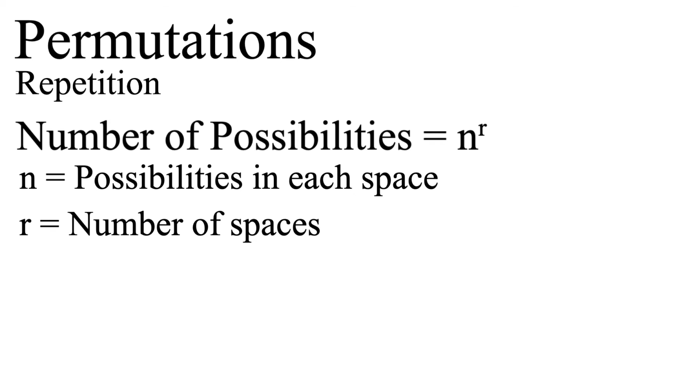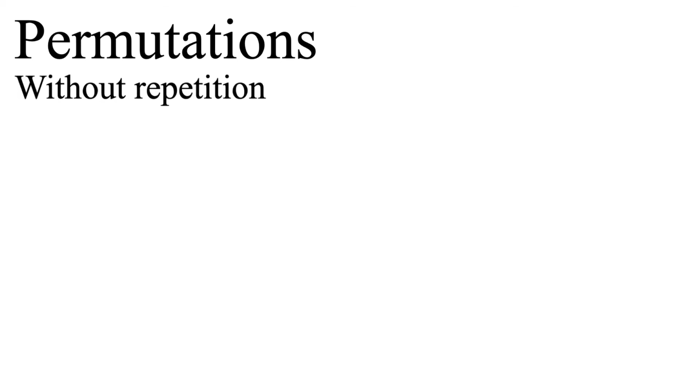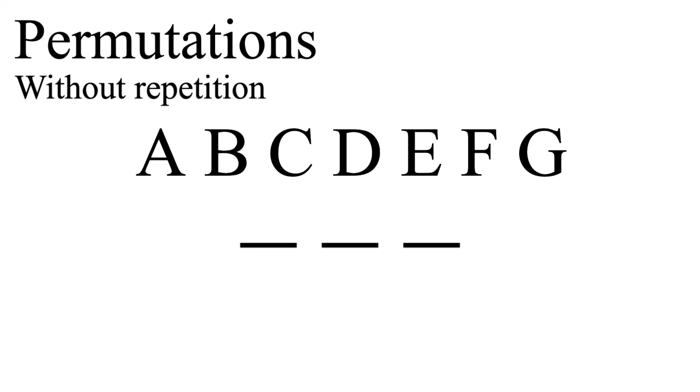Here's another example without repetition. How many 3-letter arrangements can we make given 7 different letters A, B, C, D, E, F, and G without repeating any letters? There are 7 letters A, B, C, D, E, F, G, and 3 spaces to fill without repetition. The first space can be filled in 7 ways.